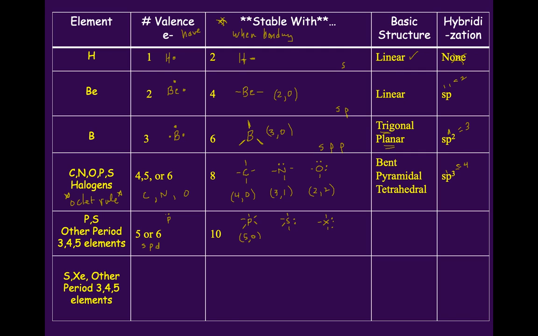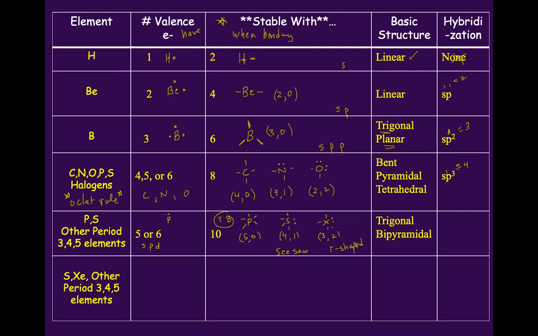So you can also have a 4, 1, or you can have a 3, 2. Again, this one here would be trigonal bipyramidal. This one would be called seesaw. This would be called T-shaped.